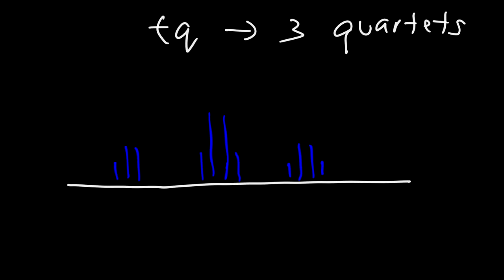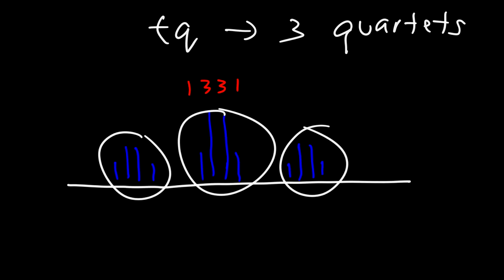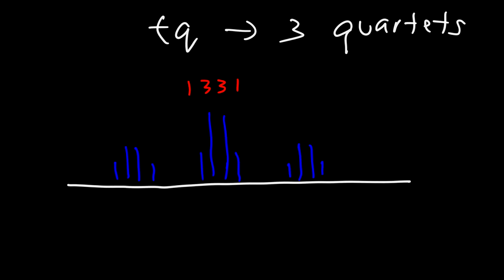And here's the last one. So those are the 3 quartets. And each quartet has a ratio, as you can see, of 1-to-3 to 1 for their intensities. However, for each of the 3 quartets, the ratio of their areas is going to be 1-to-2 to 1, which corresponds to a triplet. So that's a triplet of quartets, or 3 quartets.